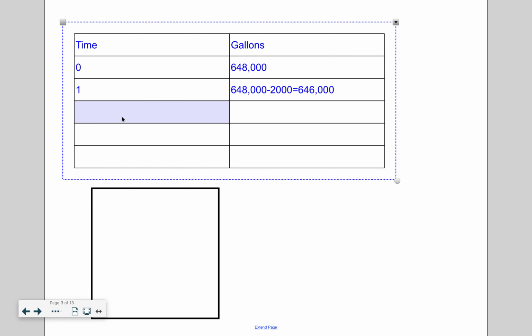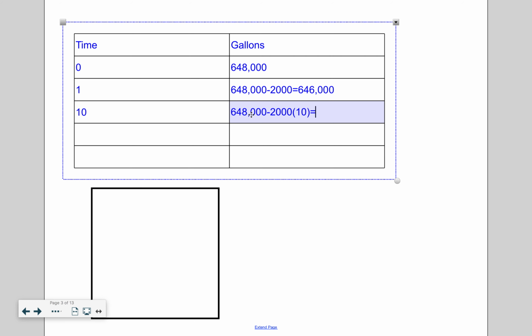Then maybe say, you know what, that doesn't seem like it's going, let's try 10 hours. So I would take 648,000 gallons and subtract 2,000, but not 2,000, it's 2,000 each of those 10 hours. So I'm going to multiply it by 10. Okay, I'm multiplying it by 10 because it was 2,000 the first hour, 2,000 the second hour, and 2,000 for each of those.